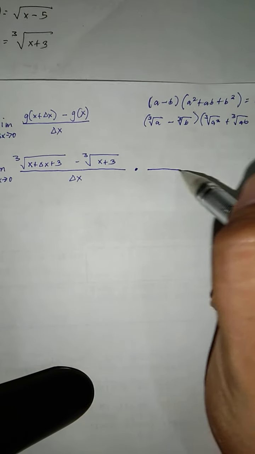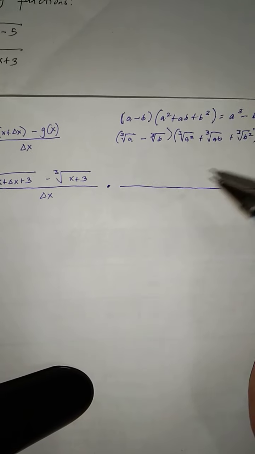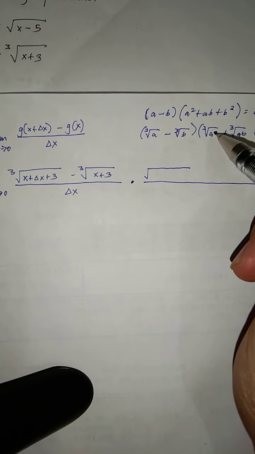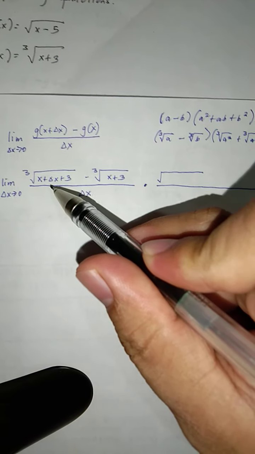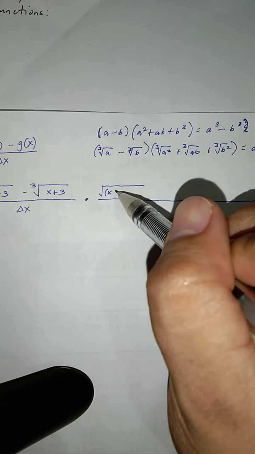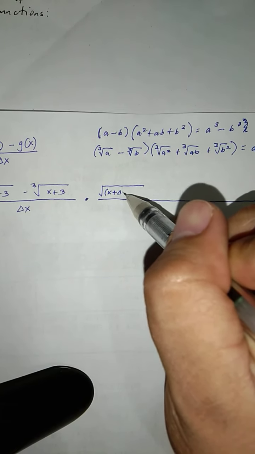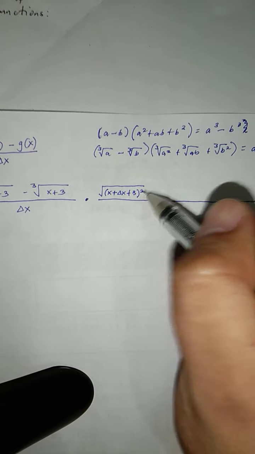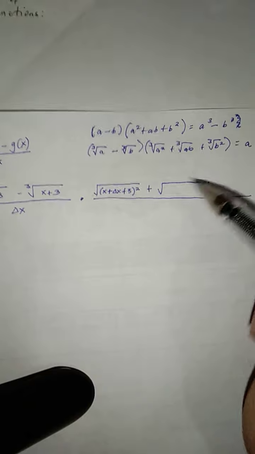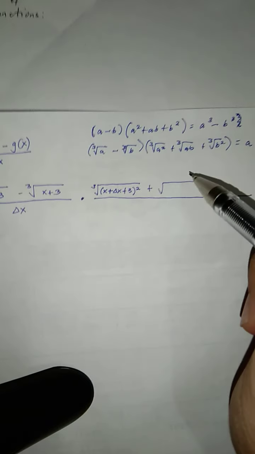Okay, so let's multiply. First, let's start with the cube root of a squared. Our a here is x plus delta x plus 3, so we will have that whole expression inside the radical, squared. Then plus cube root of, oops, I forgot the cube root of ab.